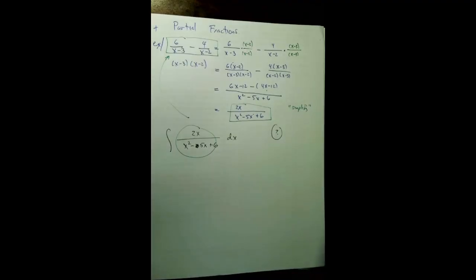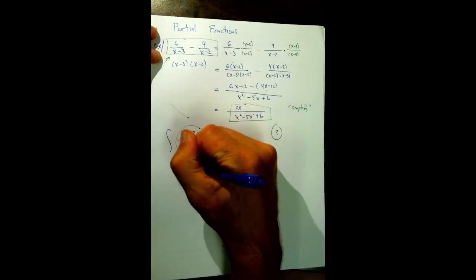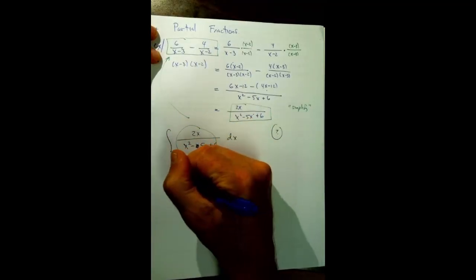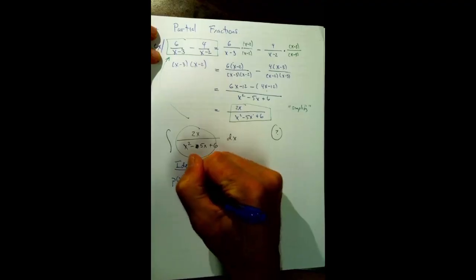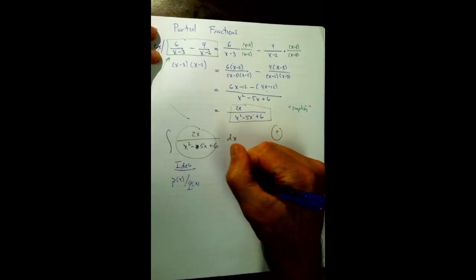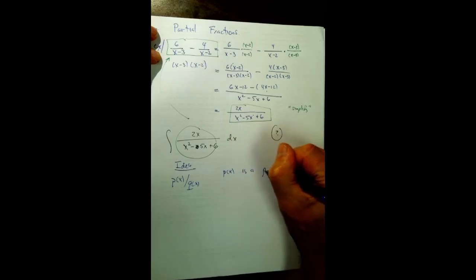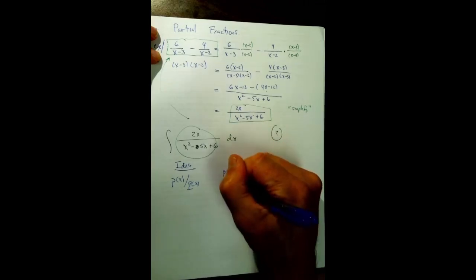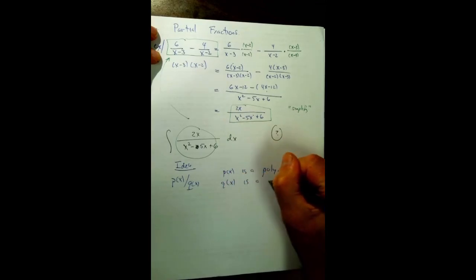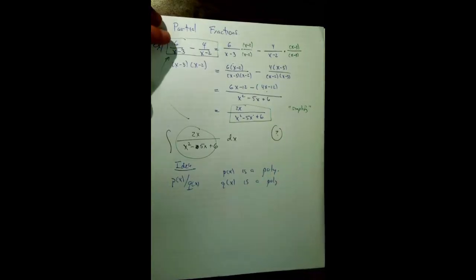And the idea is this. I'm assuming I have some p of x divided by q of x, where p of x is a polynomial and q of x is a polynomial.